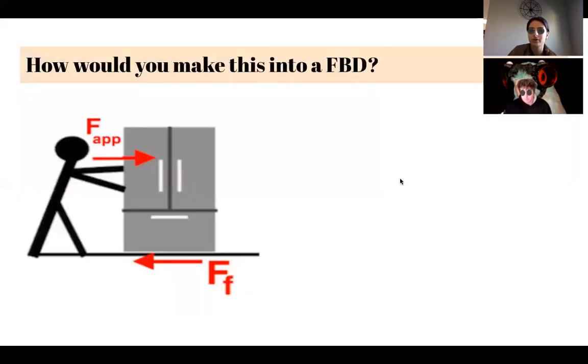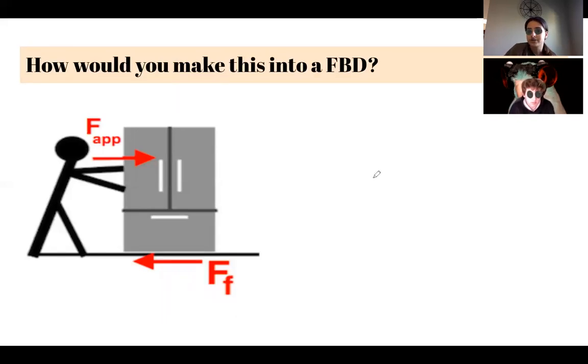Okay, so let's try and make our own free body diagram. We're going to use this picture as an example. It's a person trying to move a fridge, but because the arrows are the same length, there isn't going to be any acceleration. So all of our arrows are going to be the same length.